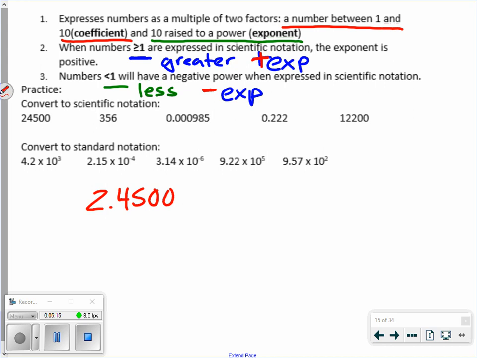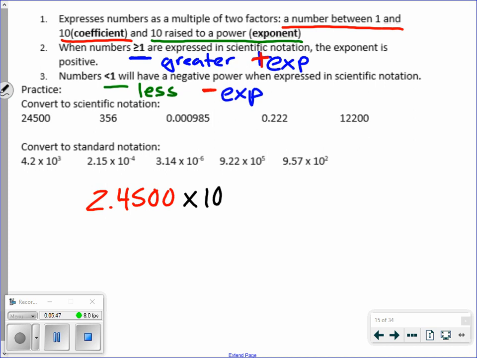And then what's the next part? Lisa, what do you want me to write next? You say times 10? Absolutely, times 10. Great.